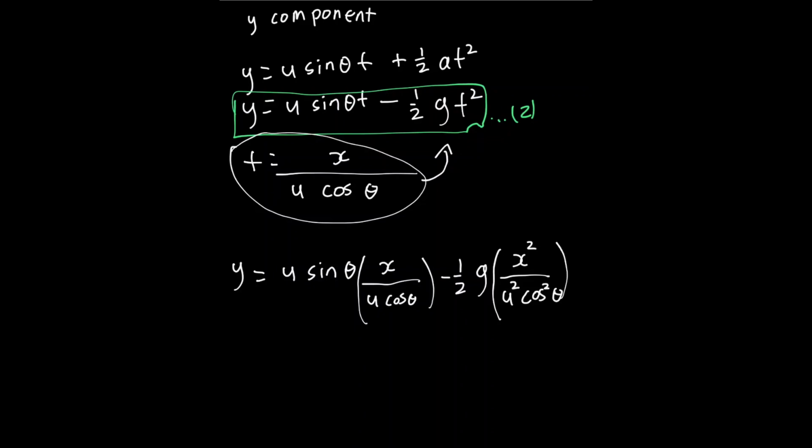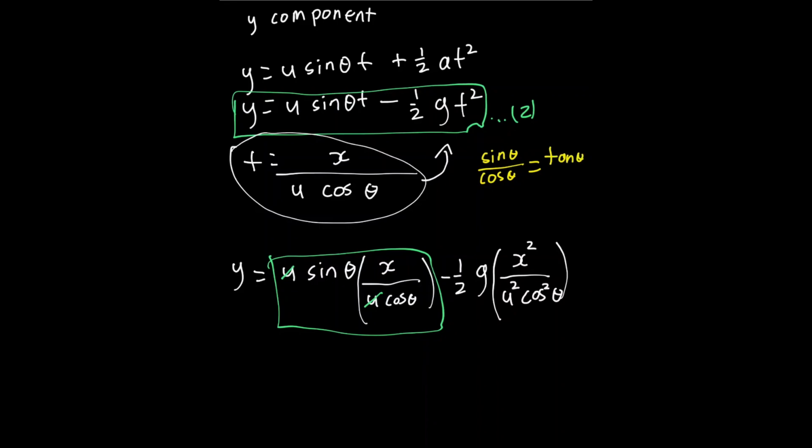Now we can do a bit of simplifying here, so we can cancel out our u's, and also from this part here we see we have sine theta over cos theta, which in actuality is just tan theta.